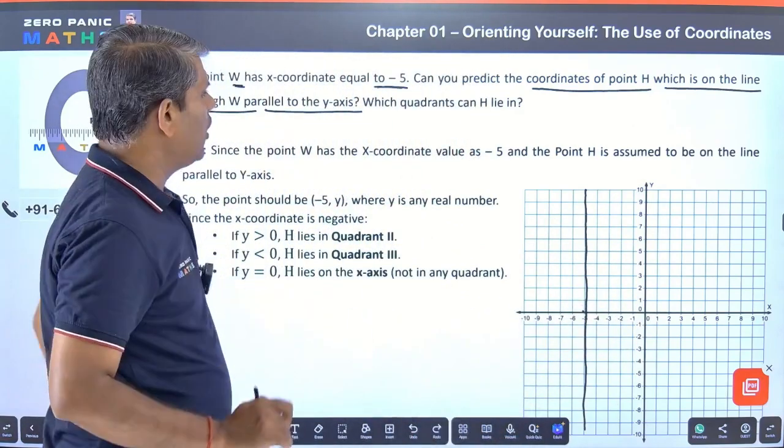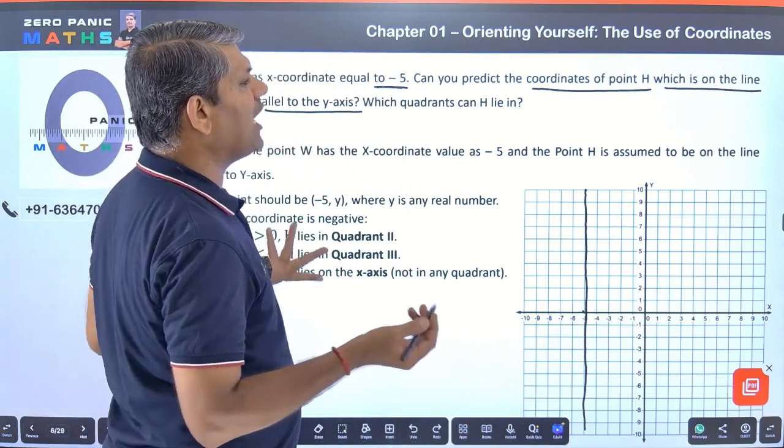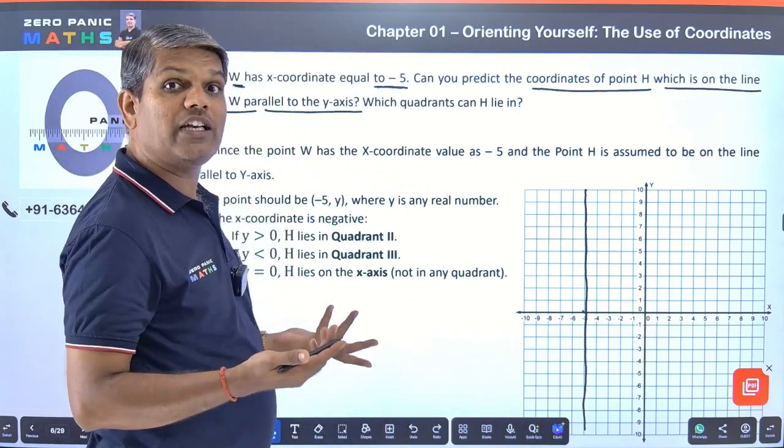Are you getting this? Now which quadrant can H lie in?